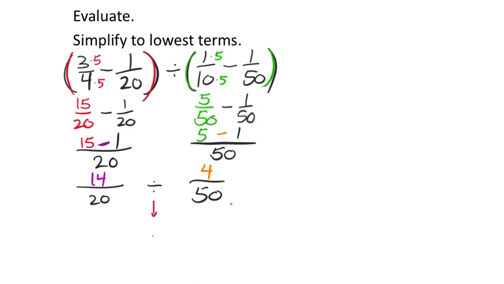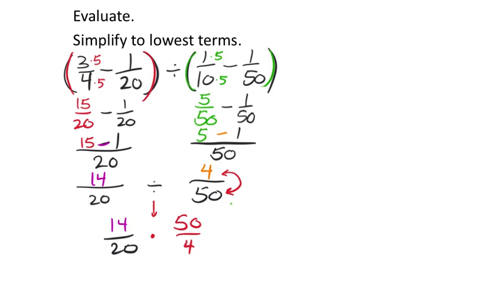What I would like to see is multiplication by flipping the second fraction, the divisor. Now that's, instead of being 4/50, it's now 50/4. So now it's showing as 14/20 times 50/4. Okay, now you can't cross simplify.